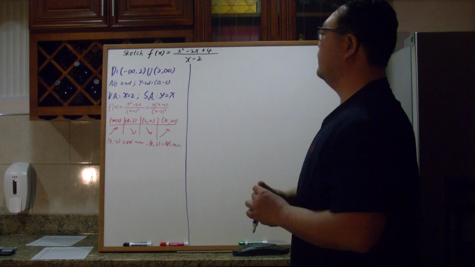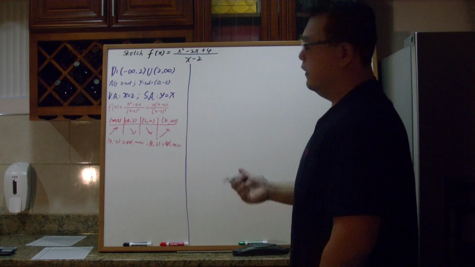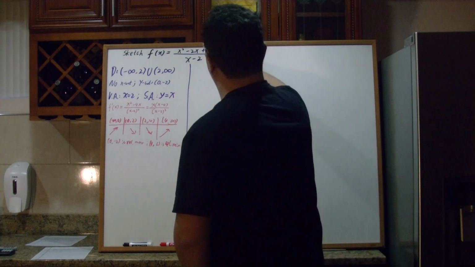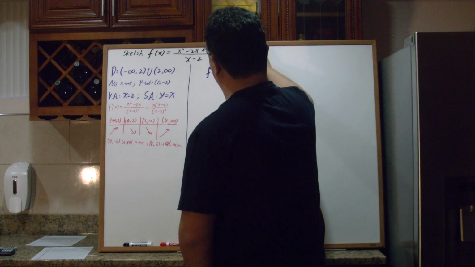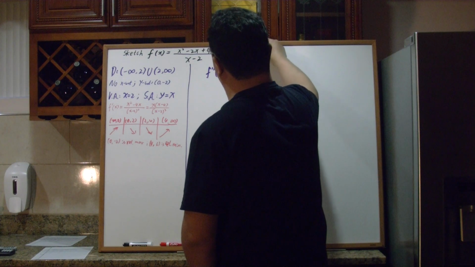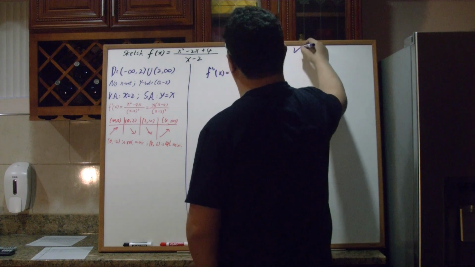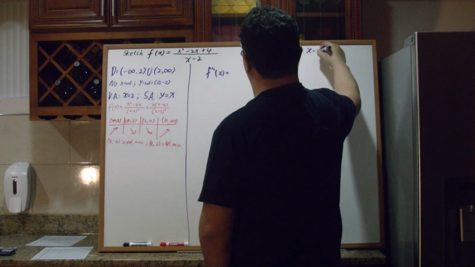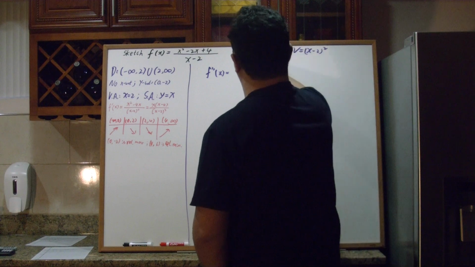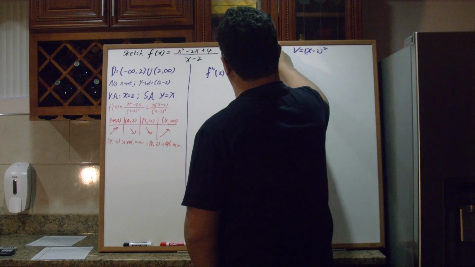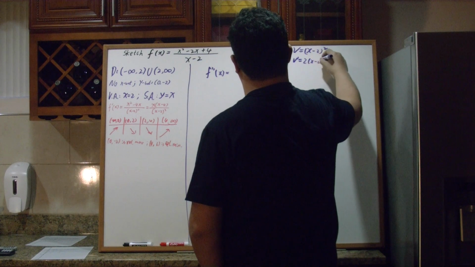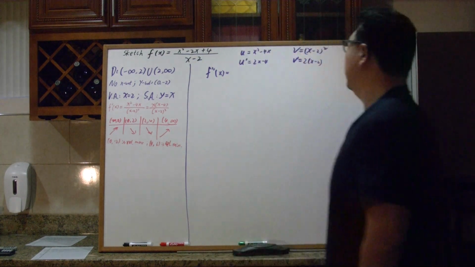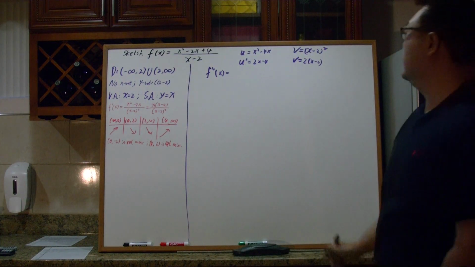Then to find the f double prime, that is, well, u is x squared minus 4x, v is x minus 2 to the second power, u prime is 2x minus 4, v prime is 2 of x minus 2. Right, that's our u prime and v prime.